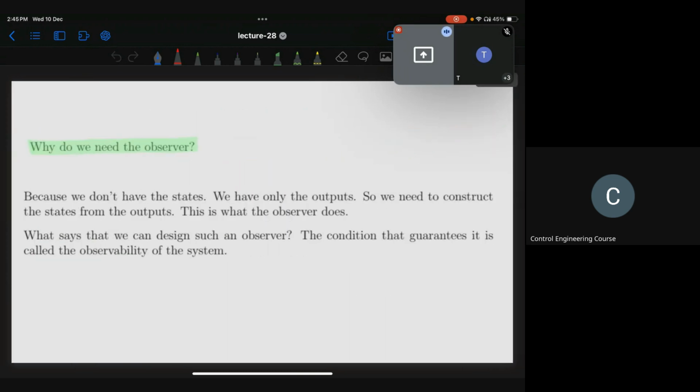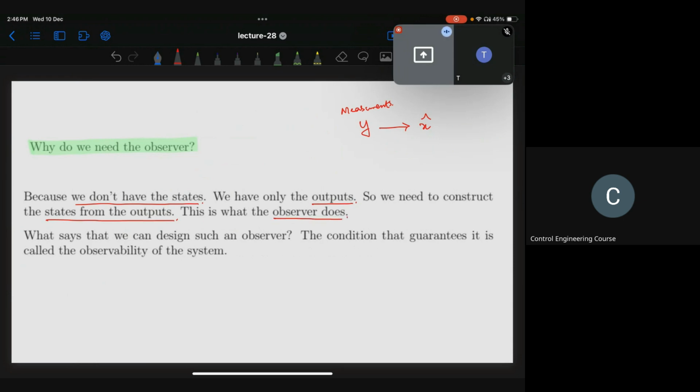We might only have the outputs, which are measurements, and from the measurements we estimate the states x cap. This process is called observation or observer design.